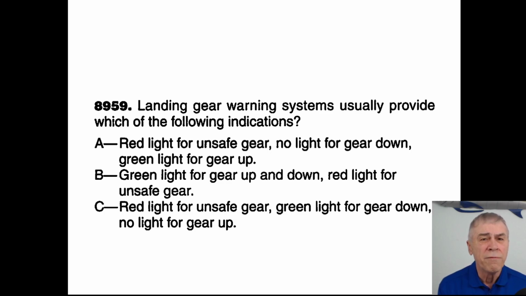Well, certainly red for unsafe gear. But that's A and C. So what else do we have? Gear down or gear up. So where would the no light? Probably the no light would be if your gear is up.